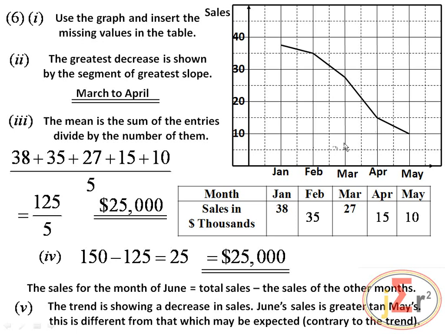We would have expected that the sales for the month of June would have been a little bit lower than that of May, but we realize that it is a lot more. Because of the trend, we are saying it should be less, it is more, it is a bit different from what we would have expected.